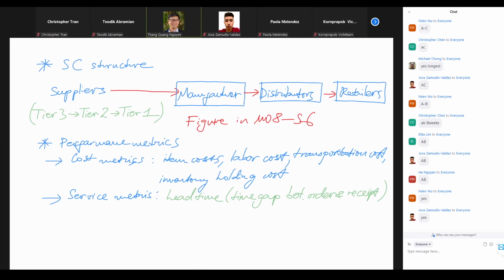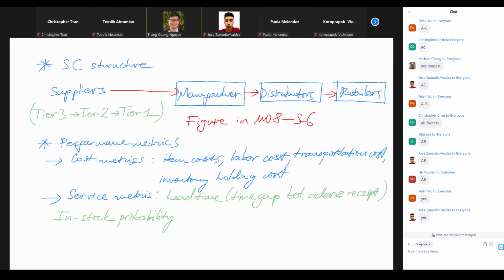And then another important concept is called the in-stock probability. What is the percentage of times that we have enough stock to sell? If the in-stock probability is low, then we might forego many sales opportunities, right? That's not good.